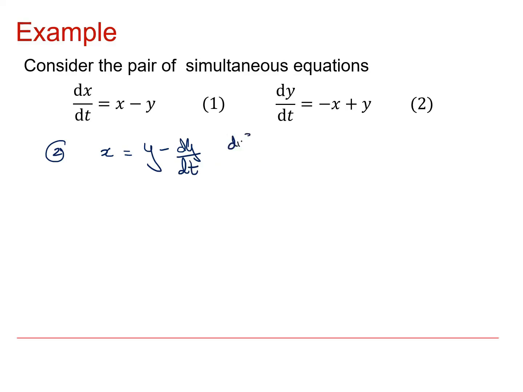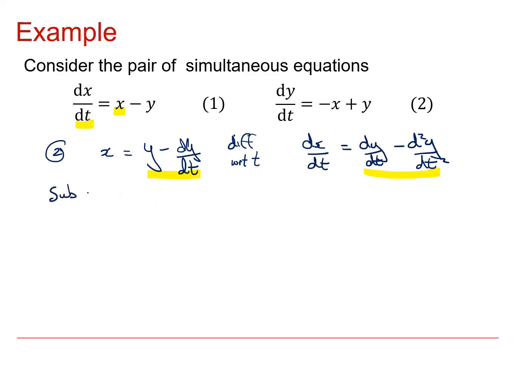If I differentiate that with respect to t, I get dx by dt equal to dy by dt minus d2y by dt squared. Now if I substitute this expression for x and this expression for dx by dt into the first equation, I'll have something that only involves y and t.